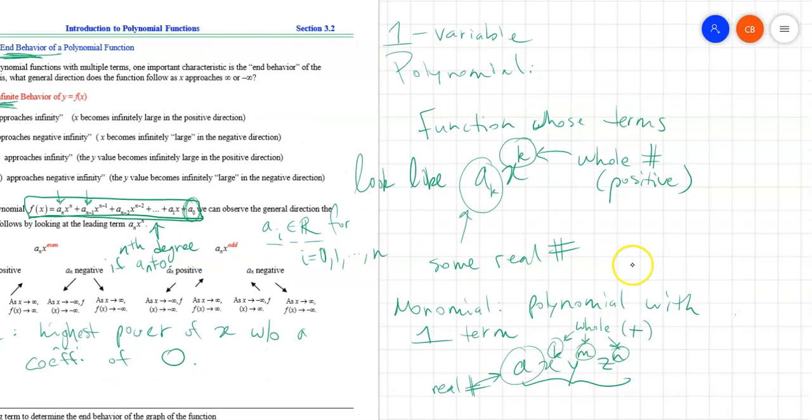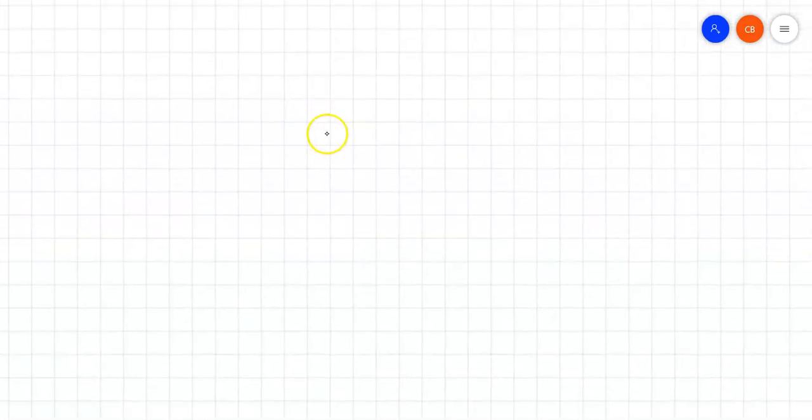And so I just want to draw a picture here of what's going on. We have some experience with the polynomial x squared. Here is a graph for the function x squared, where y is just equal to x squared. What we're interested in is what's happening on the ends.